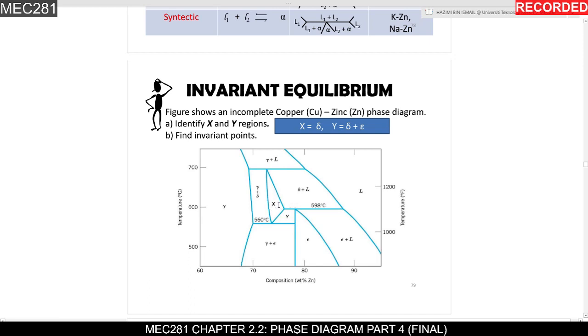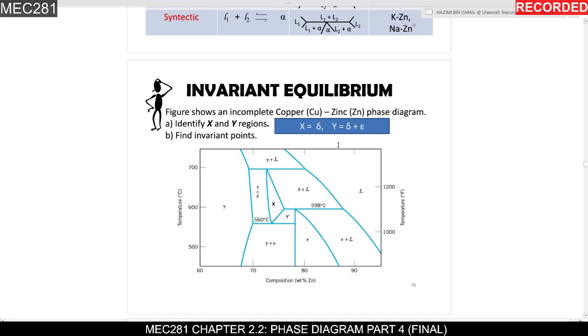So what are the X and Y in this question and example? X is the delta. Why do we have delta here? You can predict by your own. If here is a liquid, this is the intermediate between this region and the liquid. In this case it shows the delta plus the liquid, so it automatically acts as the delta.